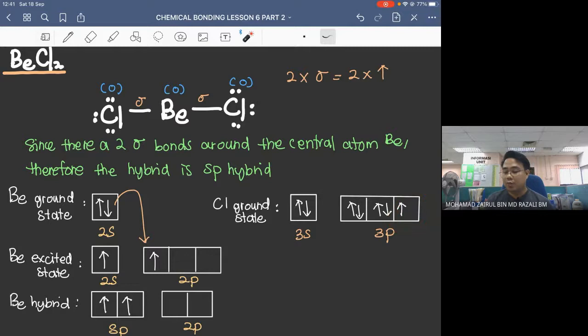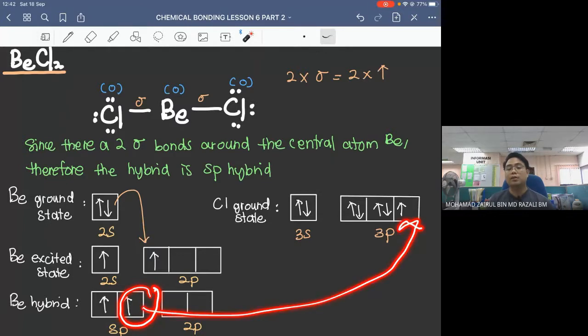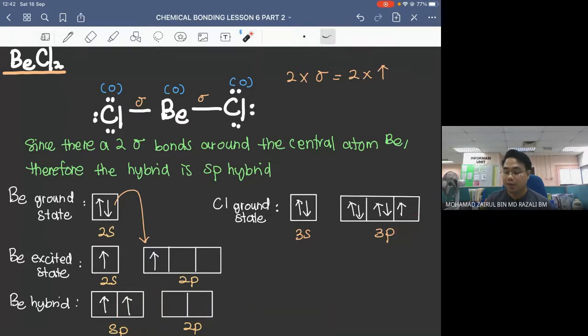Sebab dekat 3p orbital ni je yang kita ada satu orbital yang ada unpaired elektron. Sebab awak ingat, based on the valence bond theory, overlapping itu hanya boleh berlaku between unpaired elektron. So satu daripada sp hybrid orbital ini akan overlap dengan one of the electron dalam 3p. Dan elektron yang di overlap tu mesti single pair elektron.